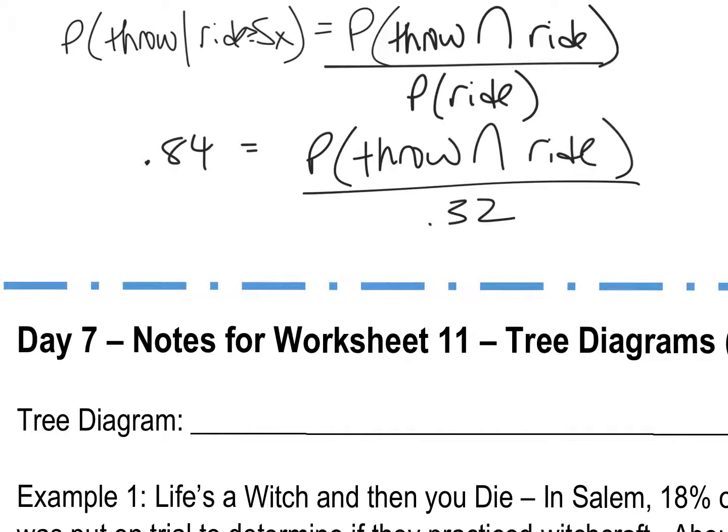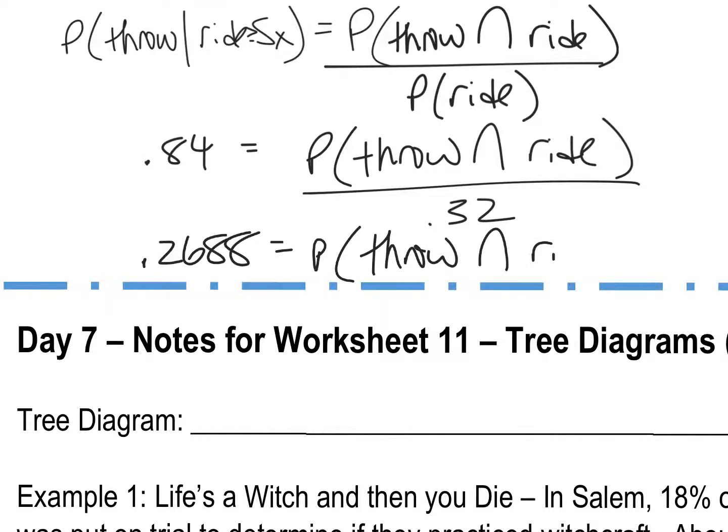So plugging in everything you know, and now again, just by using the formula, you can multiply this over here and end up with the answer. And we get 0.2688 is the probability that I throw up and ride at least 5 times, okay?